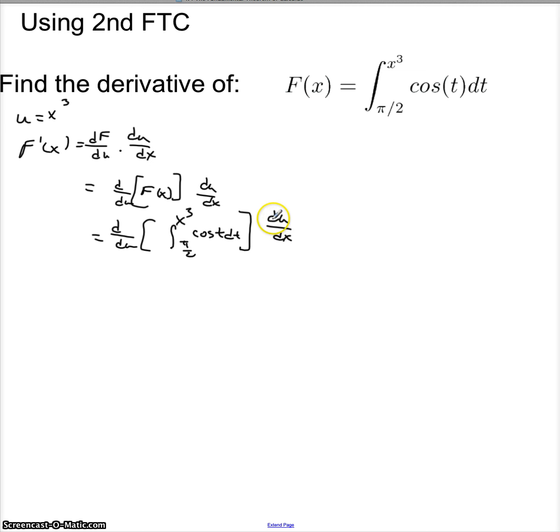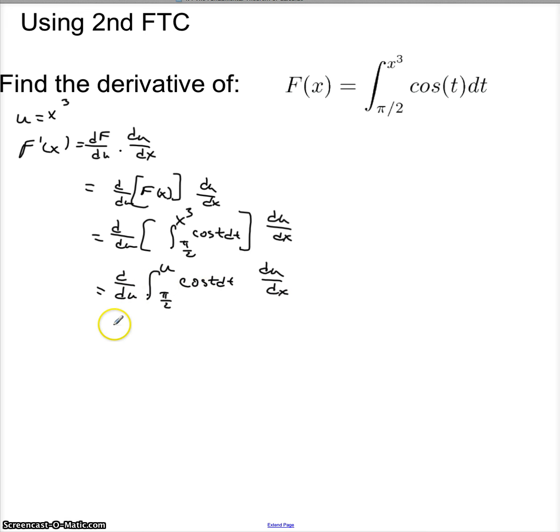All right. Now, at this point in time, let me substitute in. I'm doing a derivative in u, so let me substitute in what u is. So this is d du of the integral from pi over 2 to, now u in this case is x cubed, so that's just u, cosine t dt times du dx.